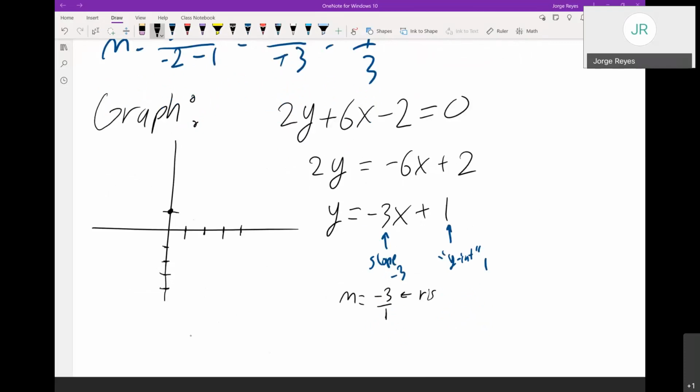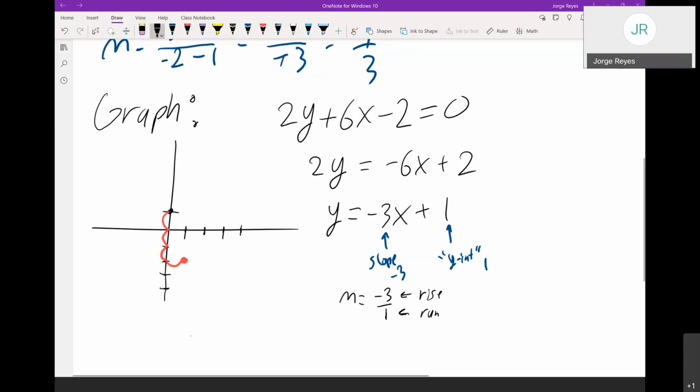This is the rise, and this is the run. So for every 1 that I move over, I am going to go down 3. So rise -3, which just means fall 3, and then run 1. And ta-da!